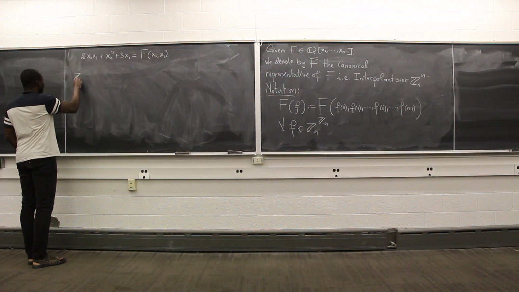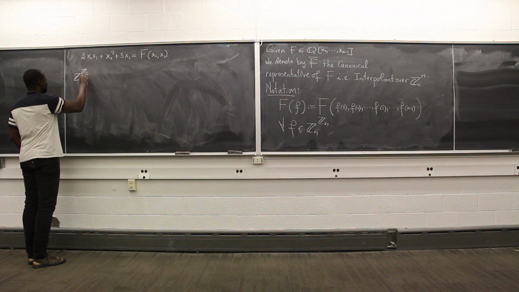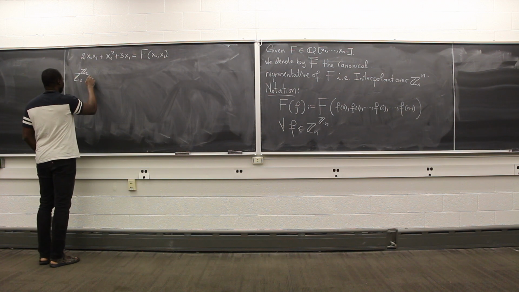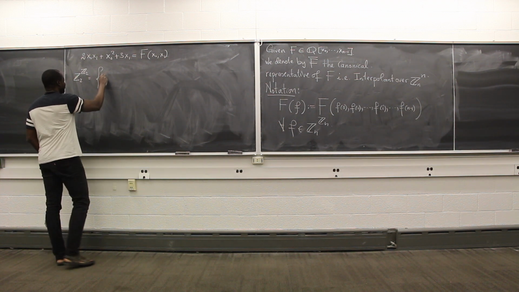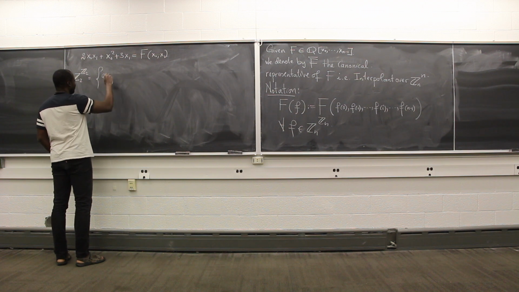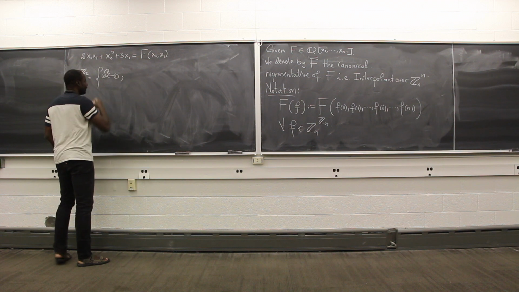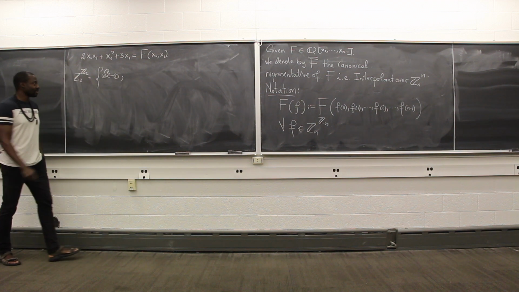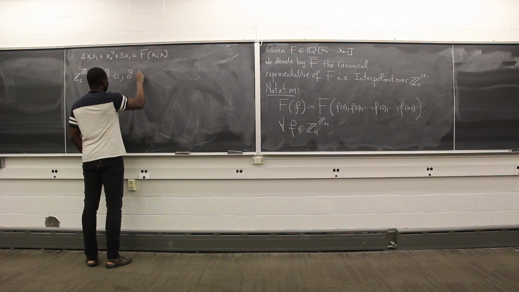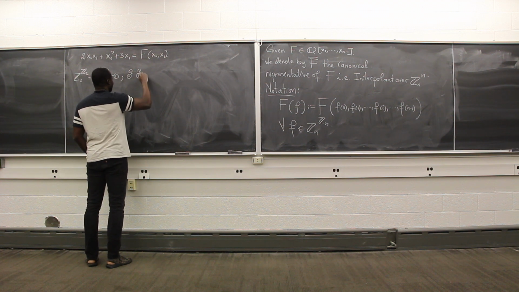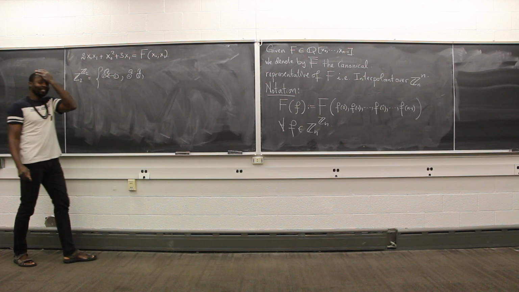All right, so Z2 to the Z2. If I draw the graphs, inside here, the graphs are going to look like this. This is one graph in the set Z2 to the Z2. Here's another graph in the set. Is that it? Are these all the graphs in the set?